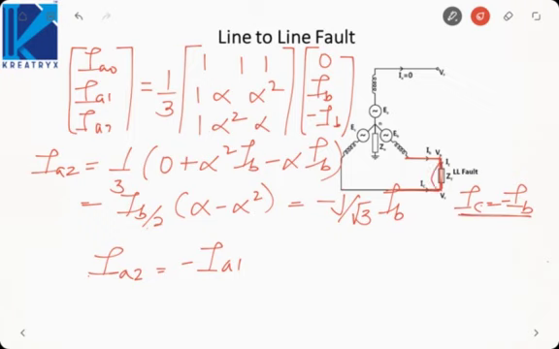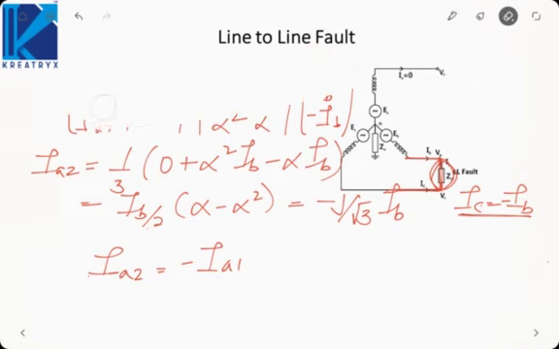But if you see here, VB and VC have an impedance of ZF in between them. We still do not know what will be the impedance between the positive and the negative sequence networks. To determine that, we need the sequence components of voltages.